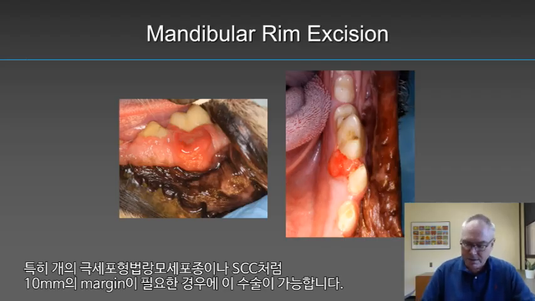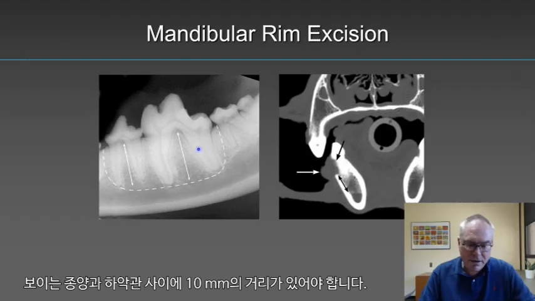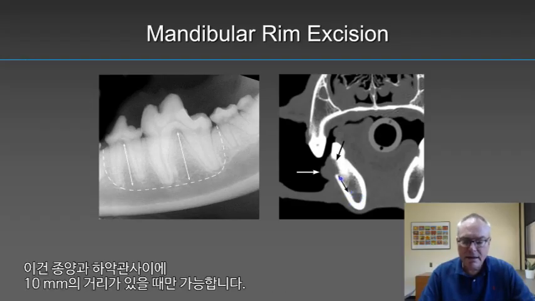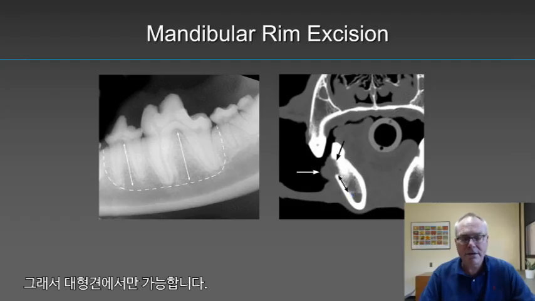This was a squamous cell carcinoma, and then you have to make sure that you have 10 millimeters of bone between the visible tumor and the mandibular canal, because the idea is to leave the mandibular canal and the ventral margin consisting of cortical bone behind. But you can only do that if you are very sure that you have a 10 millimeter margin between the tumor and the mandibular canal. Hence the reason why that can only be done in relatively large dogs.